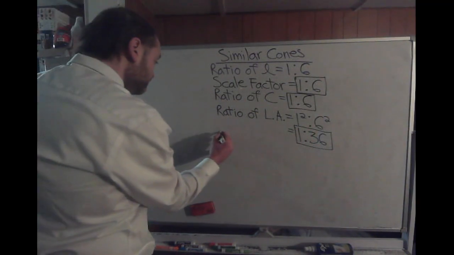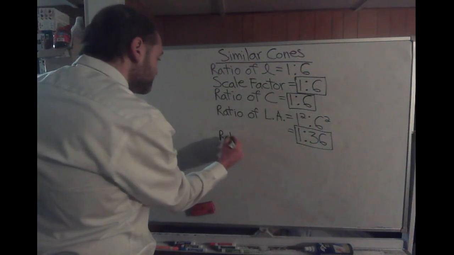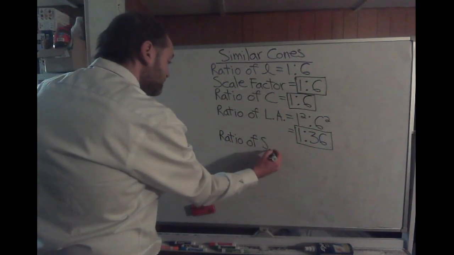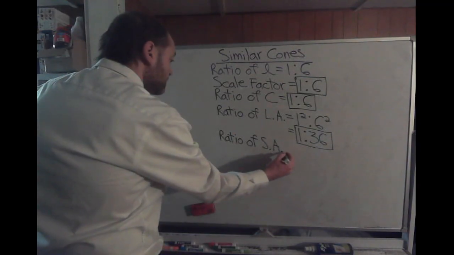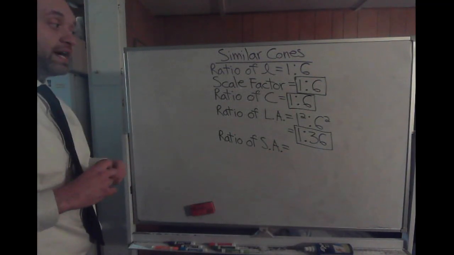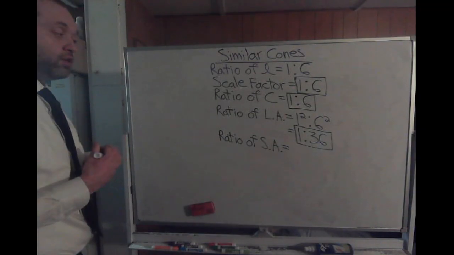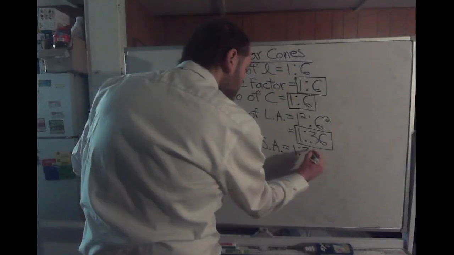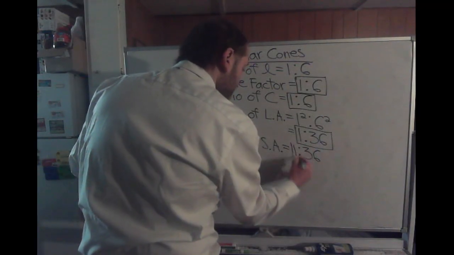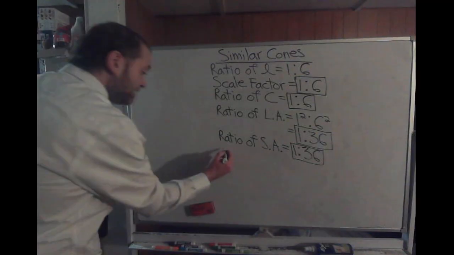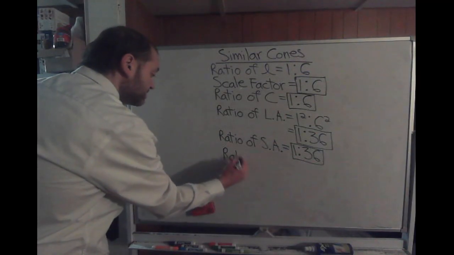Now, we're going to find the ratio of the surface areas. Which, again, for ratio sakes and scale factors, area is area, no matter what. It's going to be the same as that of the lateral area, which would give you a ratio of 1 to 36. And then, last but not least, we need to find the ratio of the volumes.